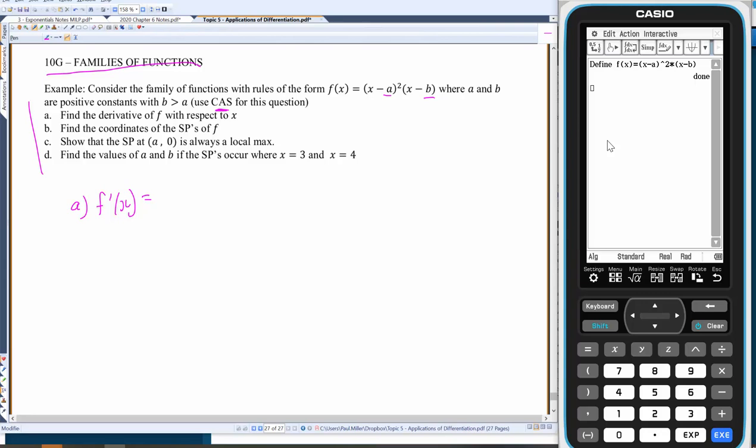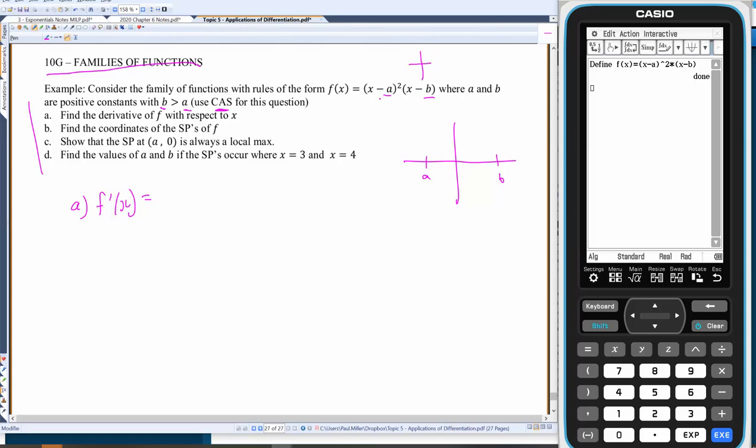Okay, just a couple more things to note. They want us to find the derivative, but they've noted that this b value here is always going to be larger than a. And we've got a cubic function. So let's just say that this is a and this is b over here. What's happening there is it's going to have a bounce point here, or it's going to turn on the x-axis at this one here, and it's going to flick back up again and go through b.